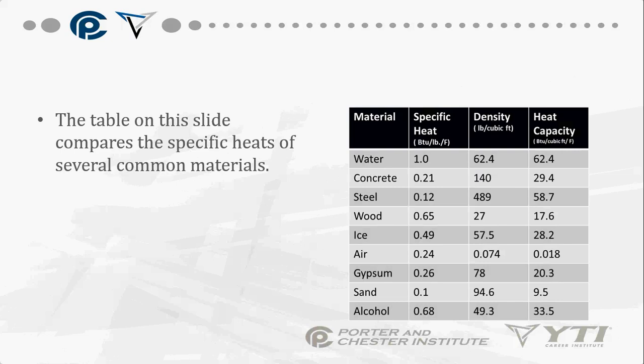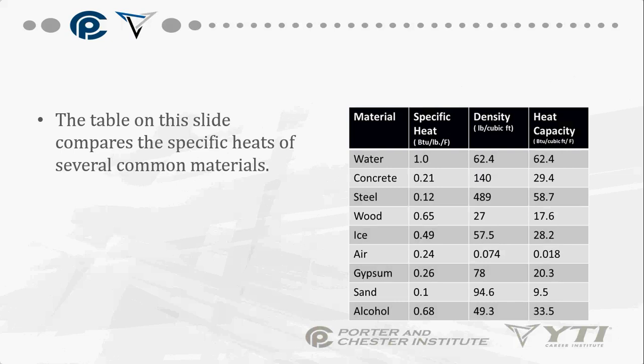Yeah. But with water, I'm not really concerned with that. It stays constant. All of these other types of materials, their specific heat content is going to change. Look at steel. Steel has a specific heat of 0.12 at a specific temperature, say 70 degrees.